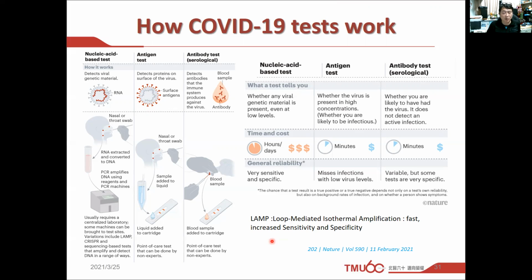In the end, it will cause a lot of looping structures. And in this LAMP, they add a very unique enzyme, an RNA-dependent reverse transcriptase enzyme, which is a very heat-stable enzyme that can work at around 65 degrees.